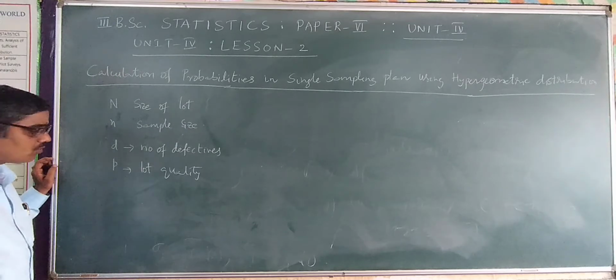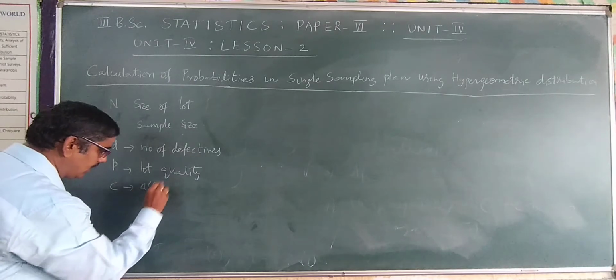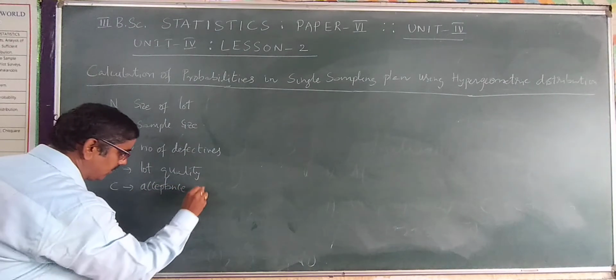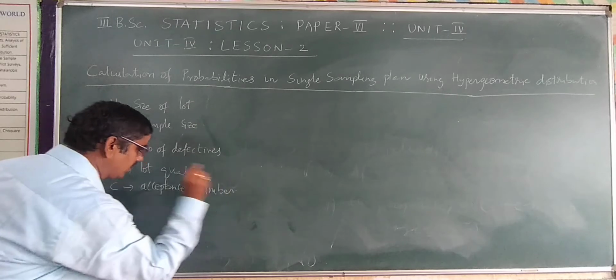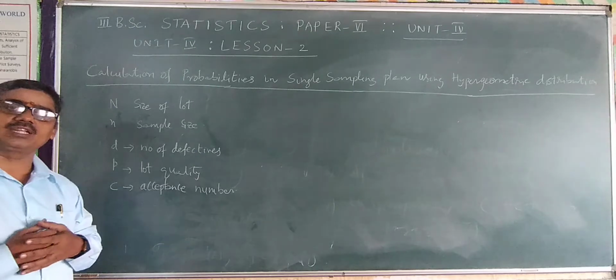Now, considering these four fundamental notations, we want to consider one more, that is c, the acceptance number, the maximum number of allowable defectives in the sample.